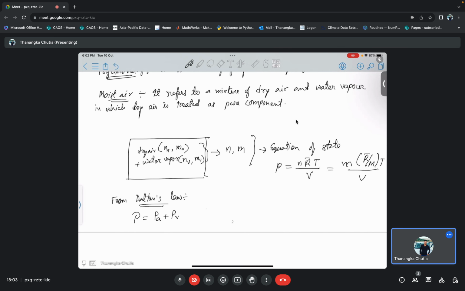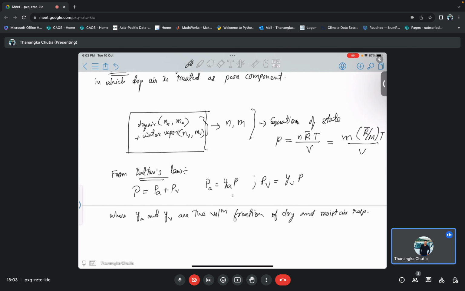PA I can write as YA into P, and PV as YV into P, where YA and YV are the volume fractions of dry air and moist air respectively. So this is the volume fraction.